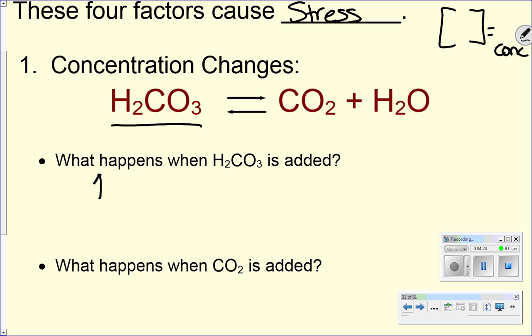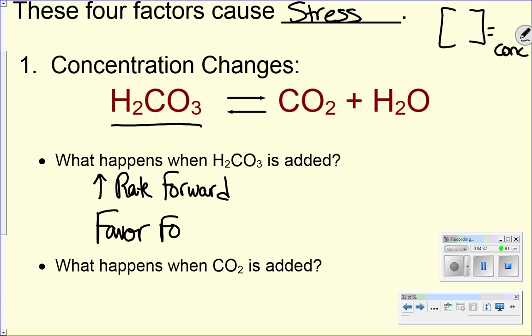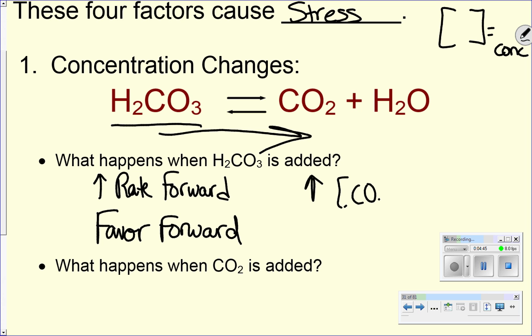So this is going to increase the rate of the forward reaction. In other words, I'm going to favor my forward reaction. Because I'm favoring this happening, I'm going to now have an increase in CO2 and an increase in H2O.